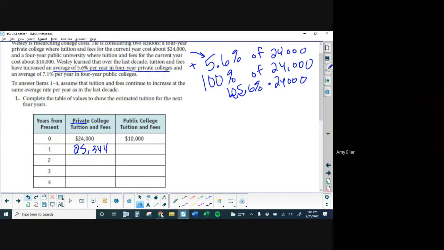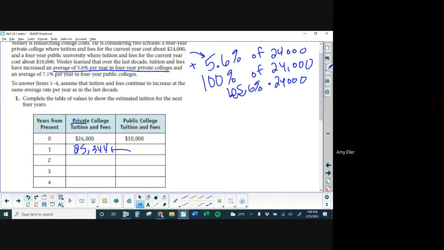For the next year, do I multiply by 1.056 again? Yes, because I want 100% of the previous year plus the additional 5.6%. So every time you're multiplying by 1.056.